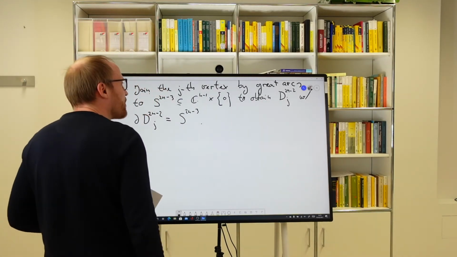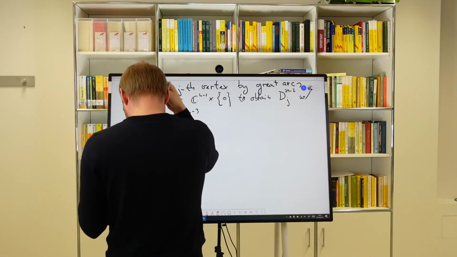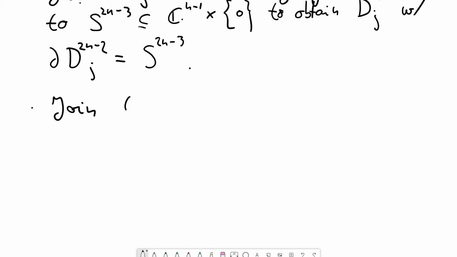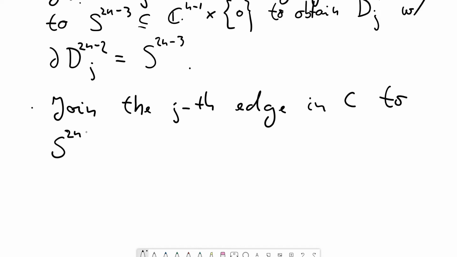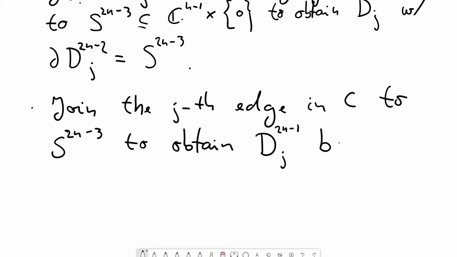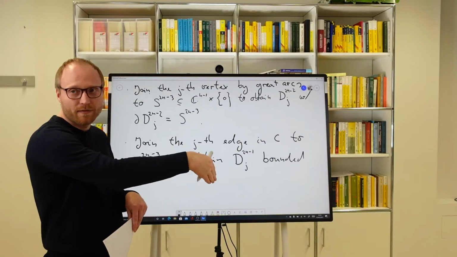What comes out has one dimension higher, so we get something which is (2n-1)-dimensional. Join the jth edge in this circle C to the sphere S^(2n-3) to obtain a (2n-1)-dimensional disk, D^(2n-1)_j, which is bounded by the two disks corresponding to the jth and the (j+1)st vertex.